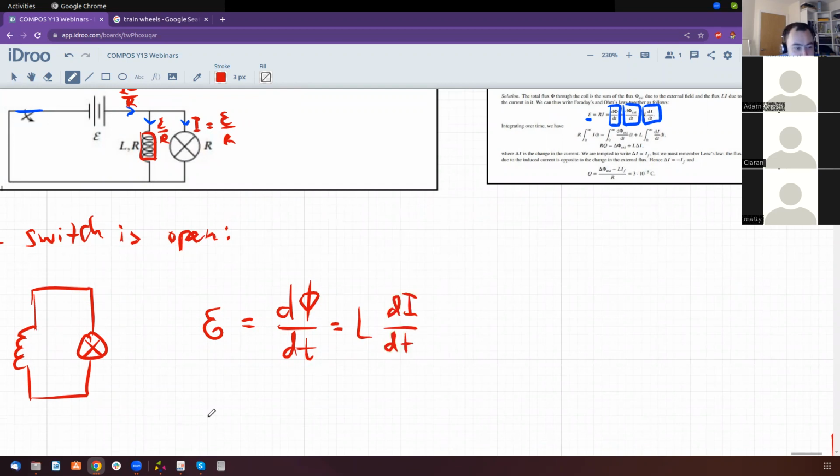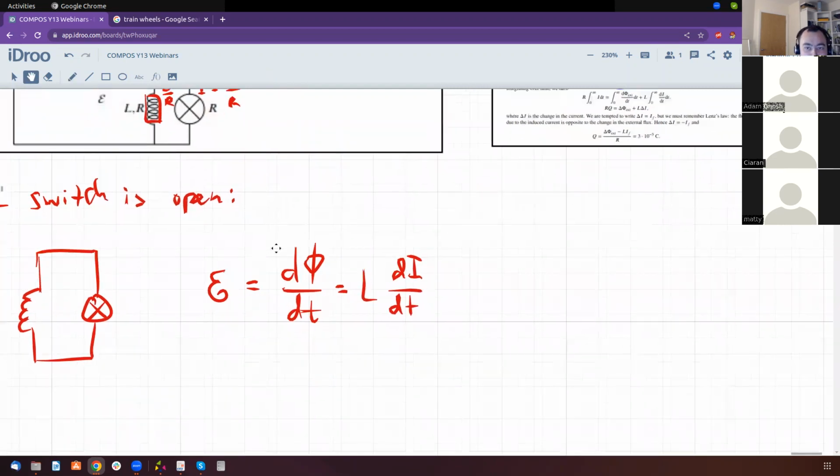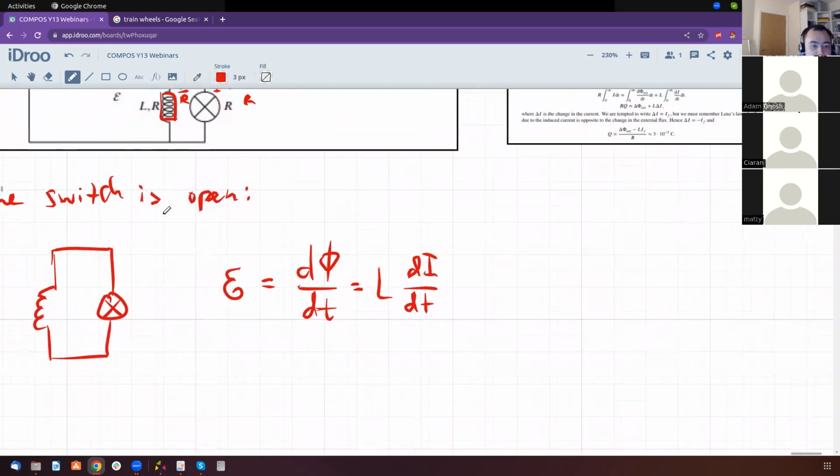This is given to you in the formula booklet. EMF is L di dt. And on the other hand, EMF is equal to, they are in parallel, so they have the same voltage, and that's equal to IR, current times R.